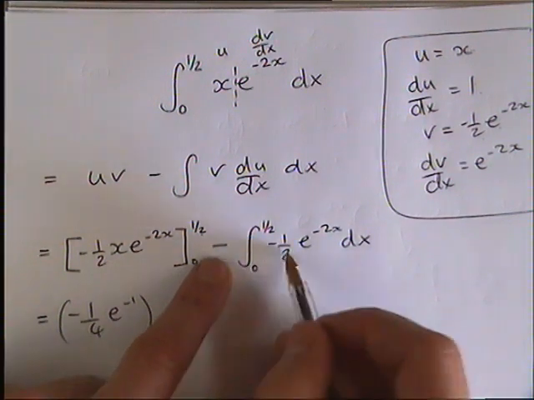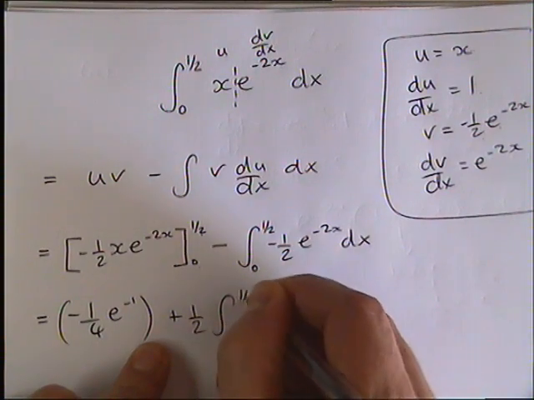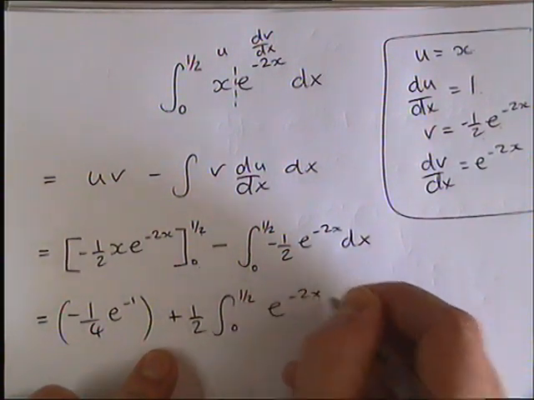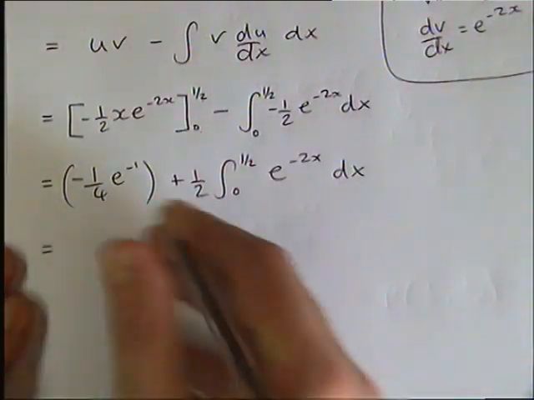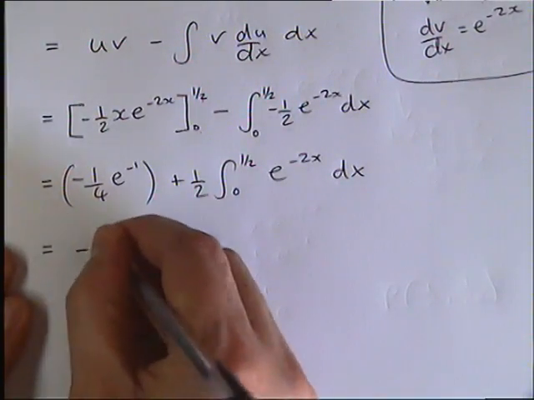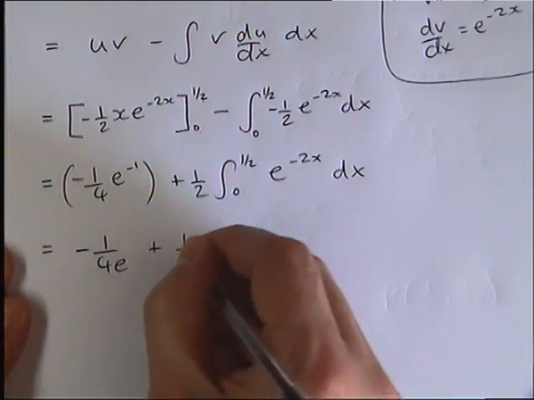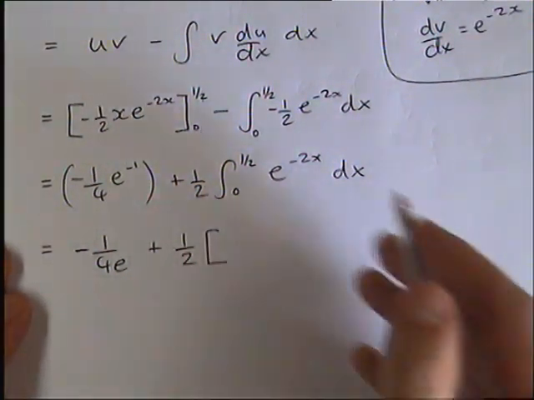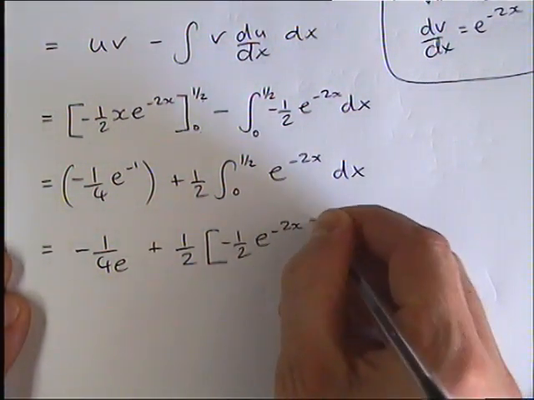And then I'm just going to simplify this a bit before I try and integrate it. Simplify this one a little bit as well. Okay, the integral of that is minus 1/2 e to the minus 2x.